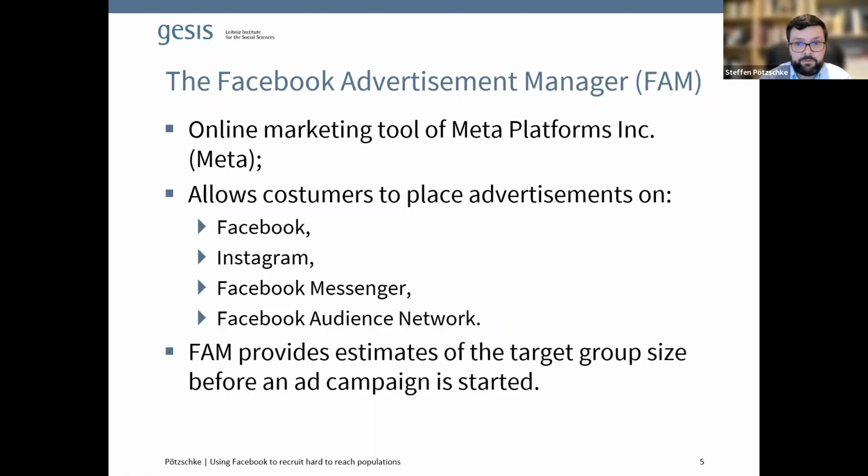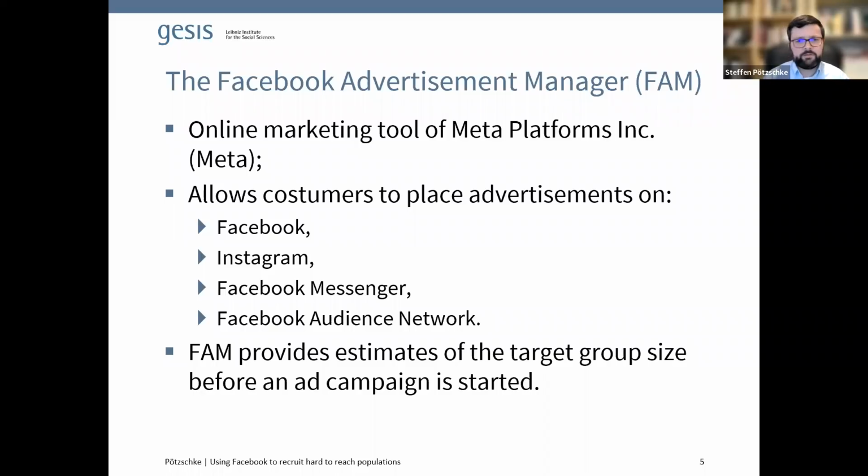Basically, this is the enterprise that until very recently was still called Facebook Inc. This online tool allows us to place advertisements on different networks that belong to Meta, namely and most importantly Facebook and Instagram, as well as in the Facebook Messenger and the Facebook Audience Network.